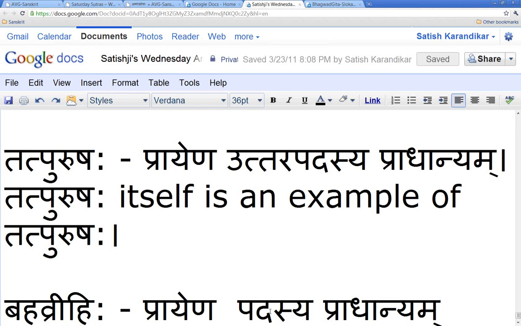When you say Mahabahu, that Maha is not qualifying Arjuna or Krishna, whoever it might be. It's qualifying the Bahu. So Arjuna cannot be in this compound. There's no way to get Arjuna inside that compound because the great is qualifying the hand.